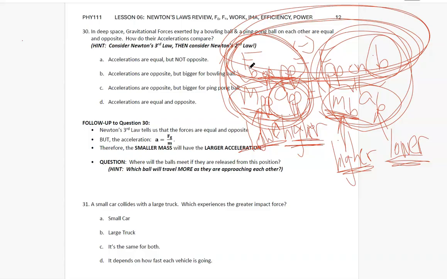But if they have different masses, they're going to have different accelerations. So the acceleration will definitely not be the same. They'll be in opposite directions and much bigger for the ping pong ball. All right, so this is a combination of using Newton's third law, and this is Newton's second law right there. That tells you how big the acceleration is. So it's a combination of the two laws.